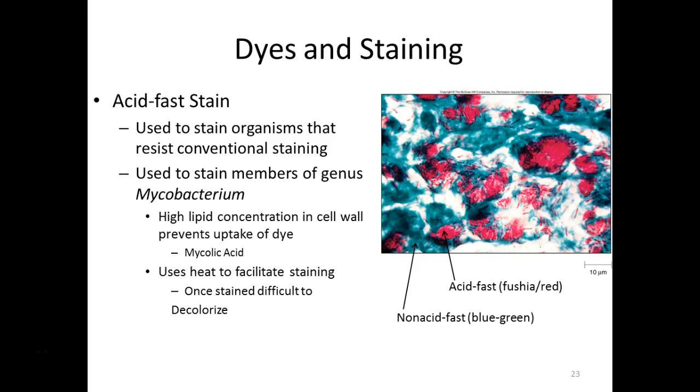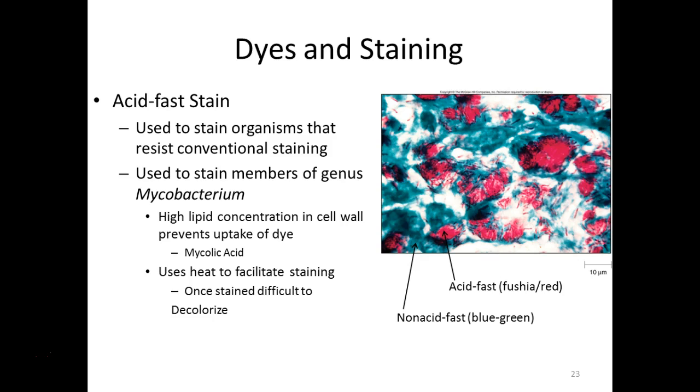So this is a differential staining procedure, like the gram stain that you guys are going to be learning about. It has multiple steps. So they do the first stain, which is carbolfuchsin, and you'll see this pinkish color, this fuchsia reddish purple color. Those are the acid-fast organisms in this picture, and they tend to be rod-shaped, what we call bacillus. They also clump together because of this lipid substance that makes up their cell wall.